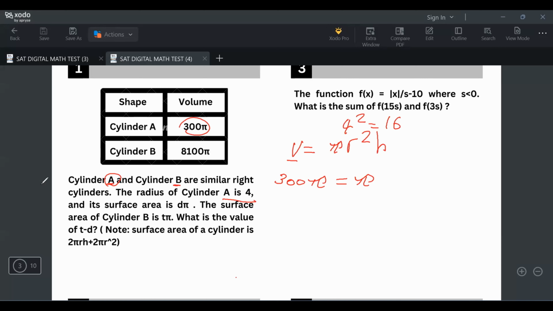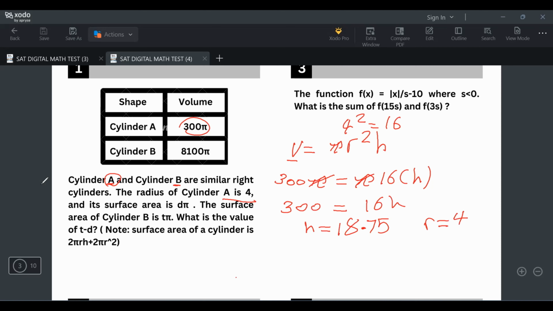So we write down 16, multiplied by h. We can cross out pi, and we will be left with 300 equals 16h. And then we will divide by 16 on both sides. So the value of h is equal to 18.75.